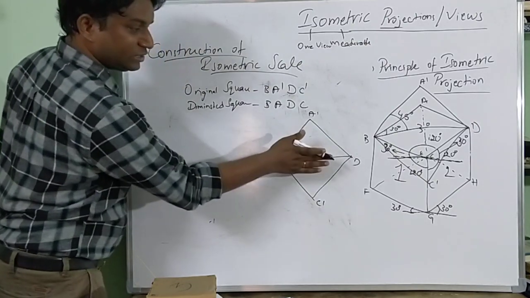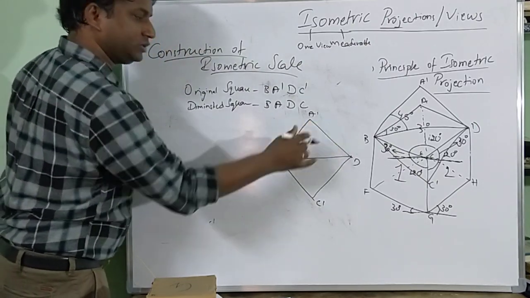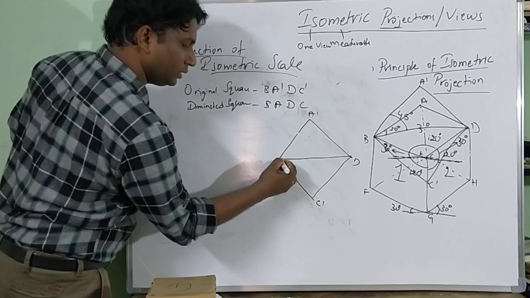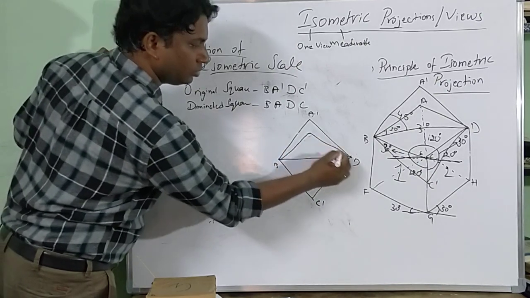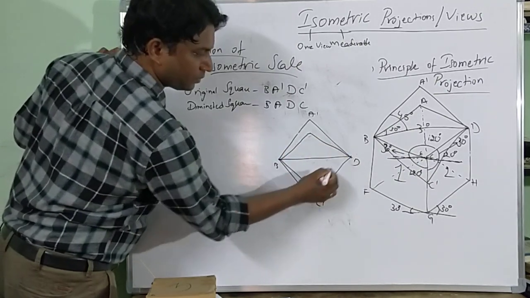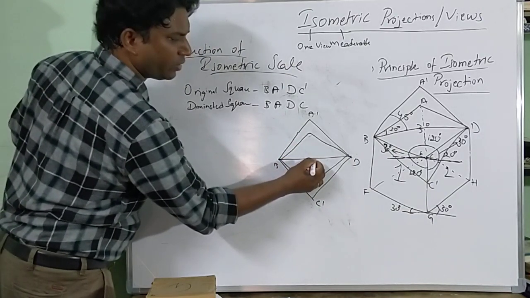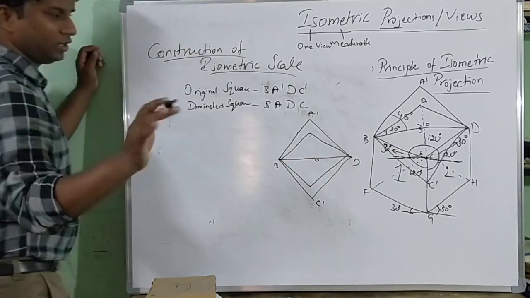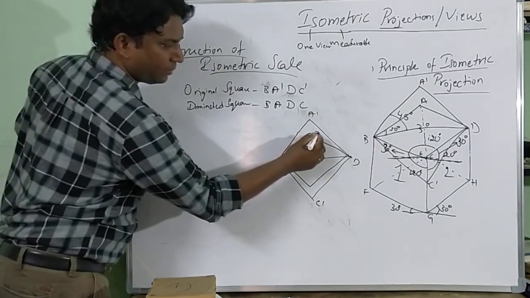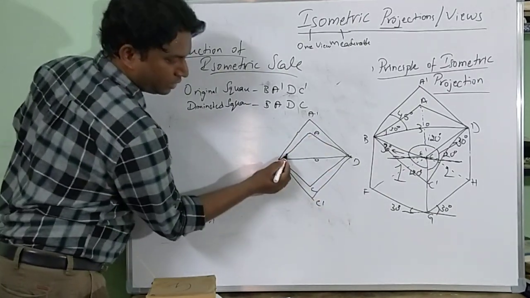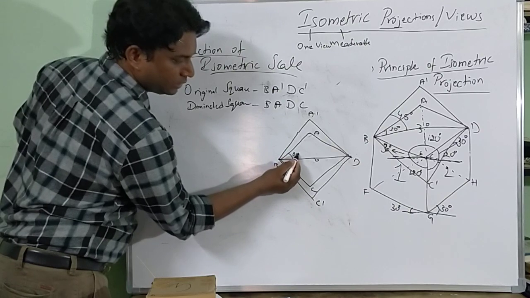Now this one, which is parallel, has rotated towards the top like this. What happened? That one has turned to this shape. Now this BD, whatever the center point we have, O, ignore that for now. Here this becomes A, this becomes C. Now this angle is 30 degrees.